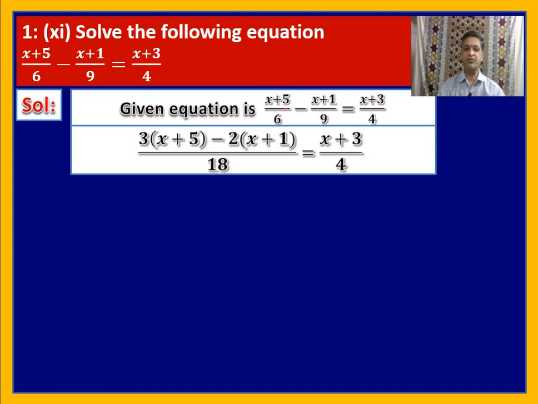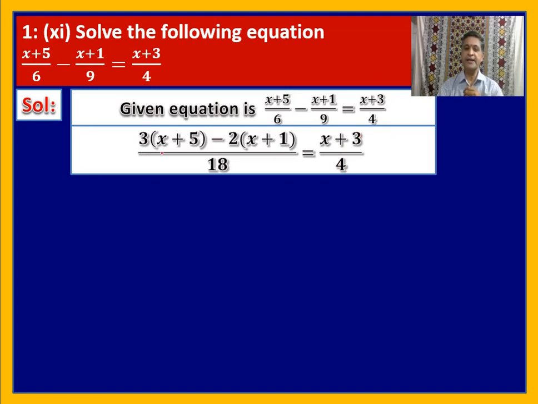3 into (x plus 5) minus 9 cancel in 18 2 times, 2 into (x plus 1). So 3 into (x plus 5) minus 2 into (x plus 1) by 18 is equal to right side as usual (x plus 3) by 4.